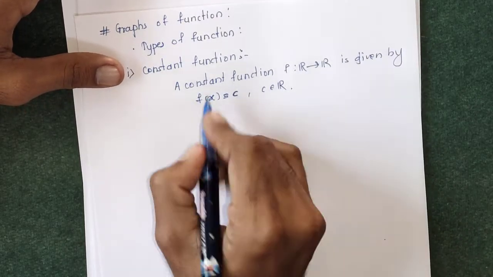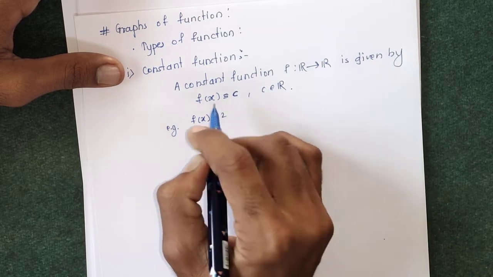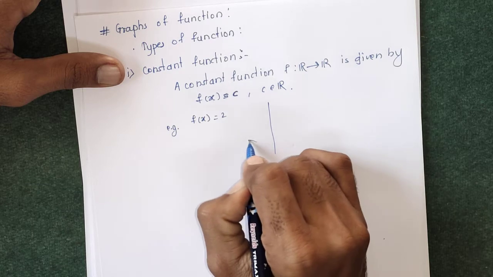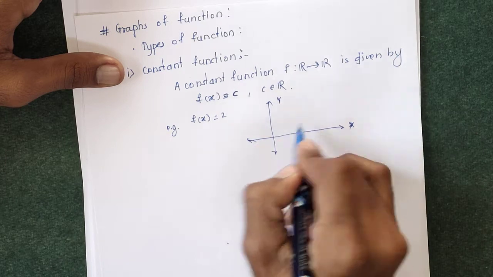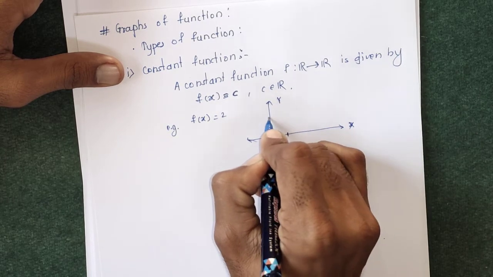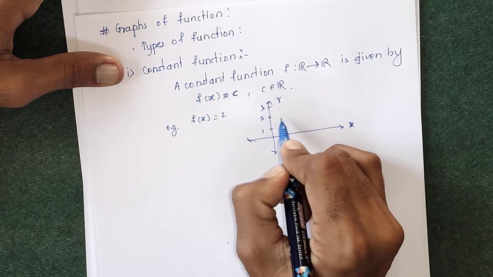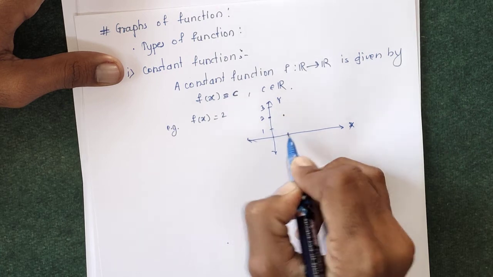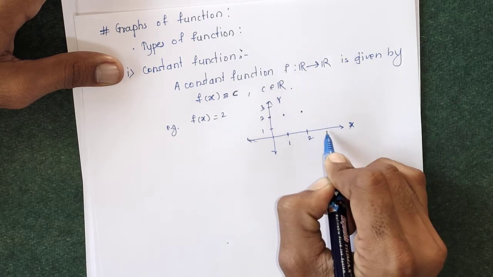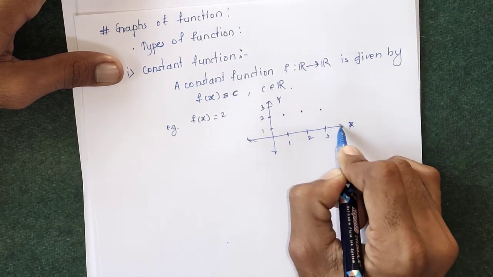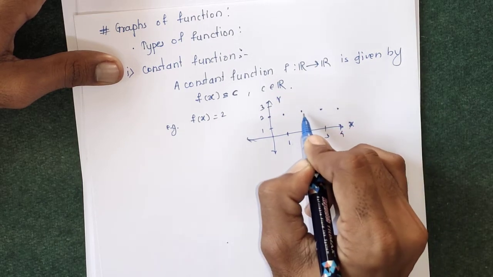Suppose f of x is equal to 2 for all x belonging to R. Then the graph: suppose this is the y axis and this is the x axis, and for every real number the range will be 2. f of 1 is 2, f of 2 is 2, f of 3 is 2, f of 4 is 2.